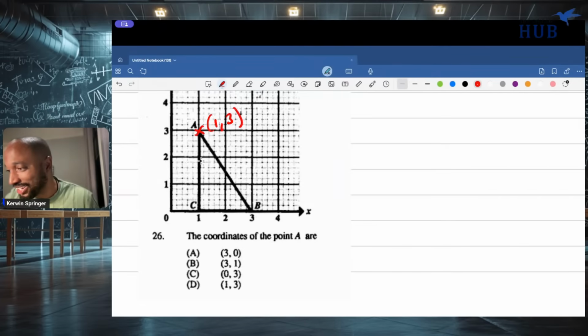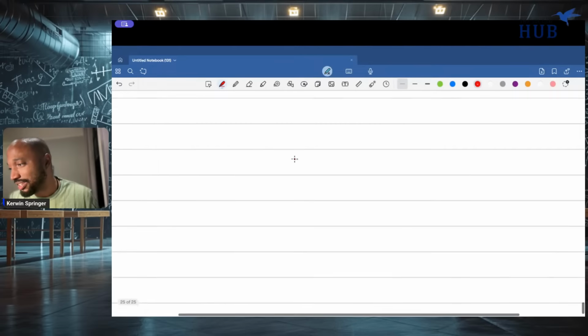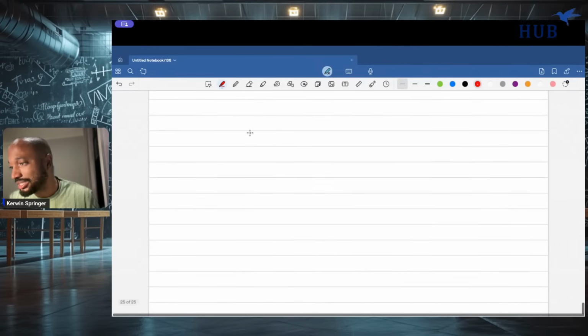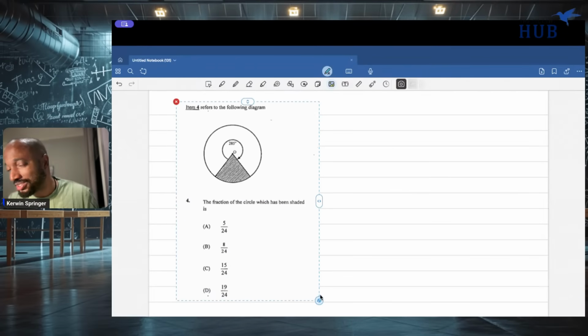I'm going to make sure I get it correct, because every time I start to talk about a question, madness happens. 1, 3. Oh boy, imagine if you don't know how to find the coordinates of a point and you still pass maths. I think to tell your grandchildren that thing. I used to get problems with coordinate geometry, couldn't find the coordinates of a point itself, much less the gradient.